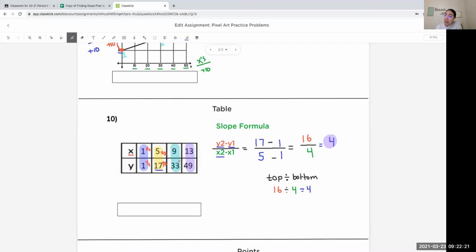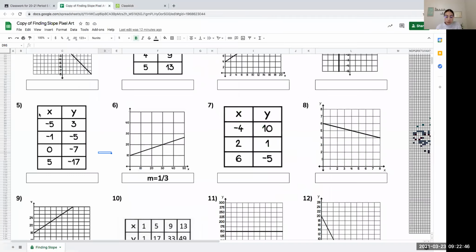If I take 49, subtract by 33, and then if I take 13 and subtract it by 9, and then divide both of those, I still get 4. So when choosing your pairs, you don't always have to choose the first 2, as long as you keep your pairs together like this. Let me go back to number 5 really quickly.